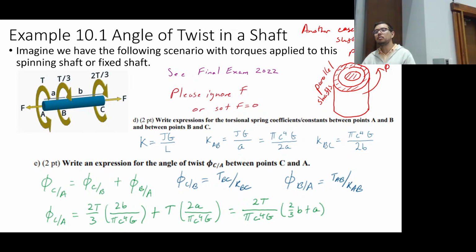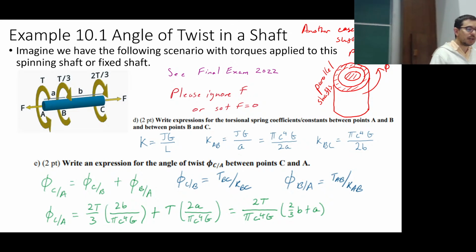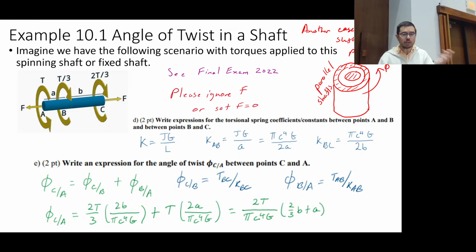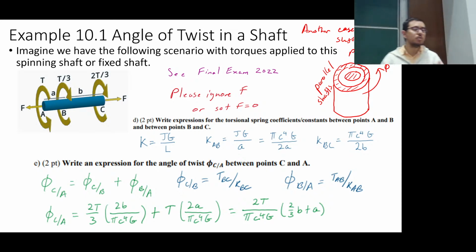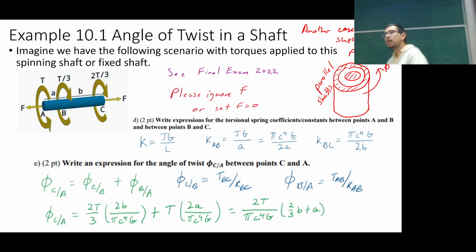Okay, so just ways to approach this. Now, one thing I didn't cover too much, and I probably should, is how do you calculate J. If you're going to do Tc over J, or you're going to do TL over JG, both of these have J in them.